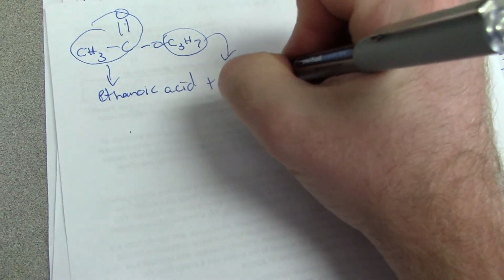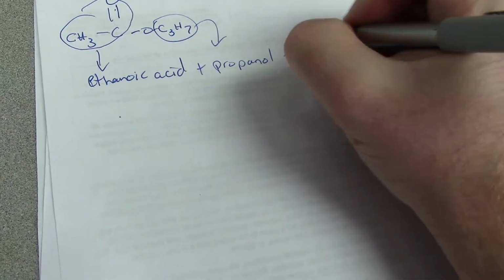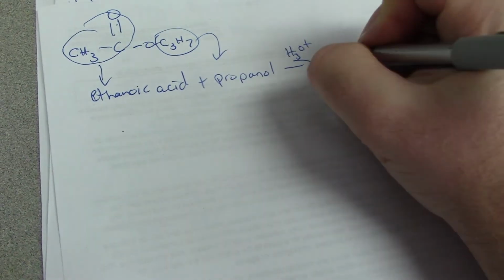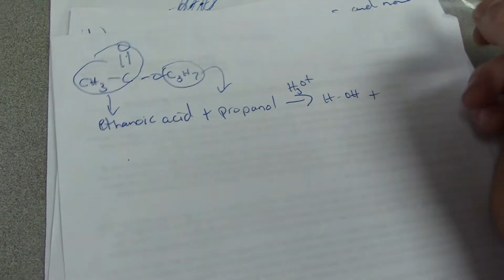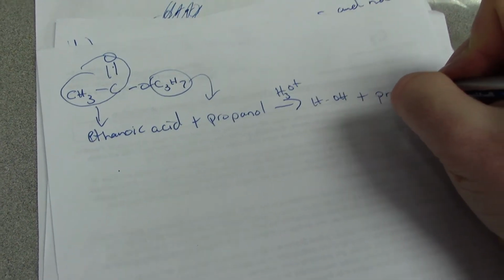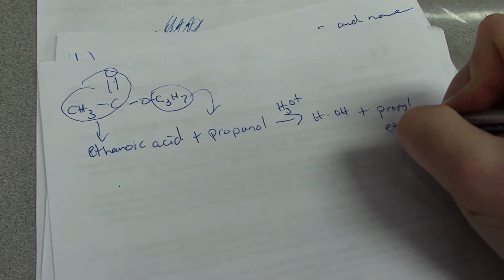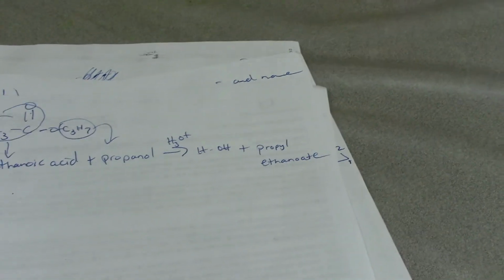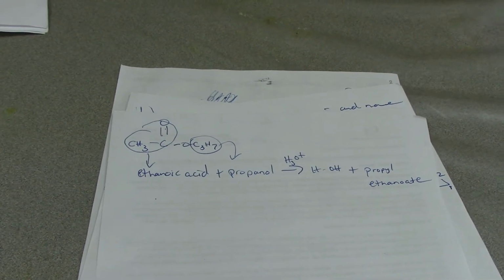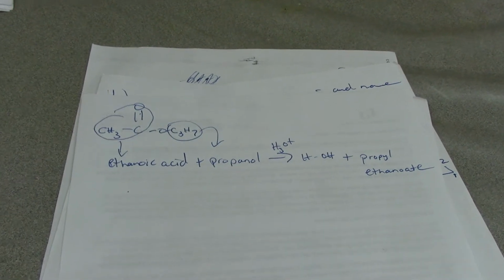This is 3 carbons, so that's propanol. That's the alcohol side, right? Strong acid, water created. This is going to be propyl ethanoate. Okay.